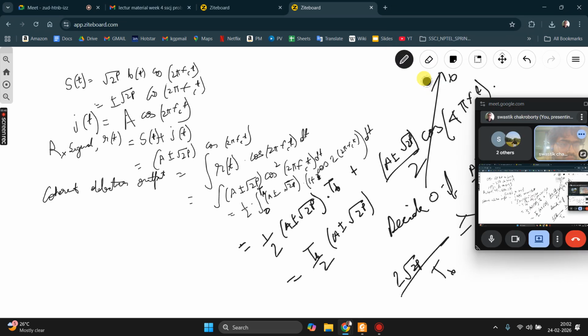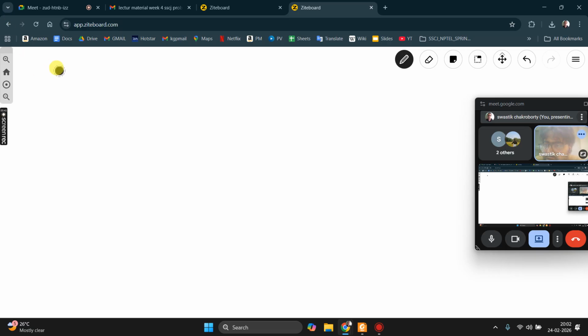So we have decided C is equal to B into log base 2 of 1 plus SJNR.